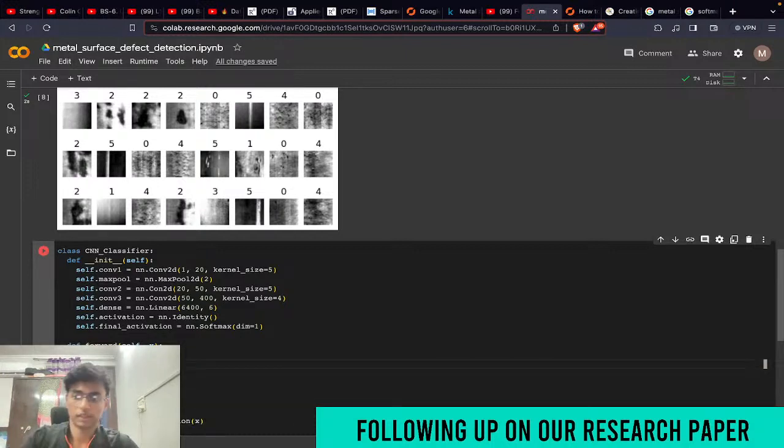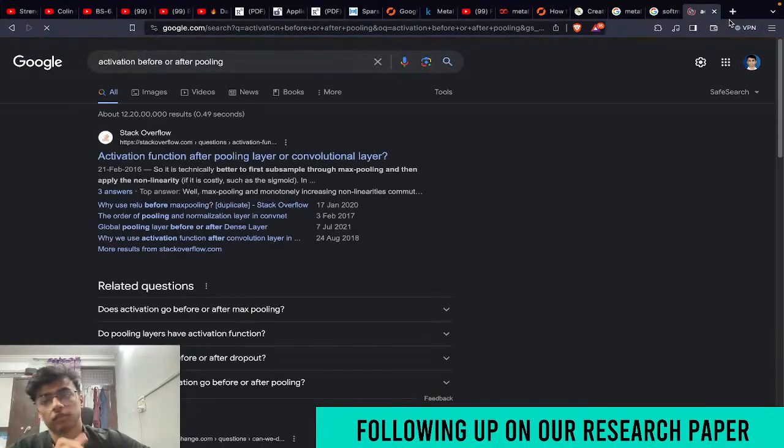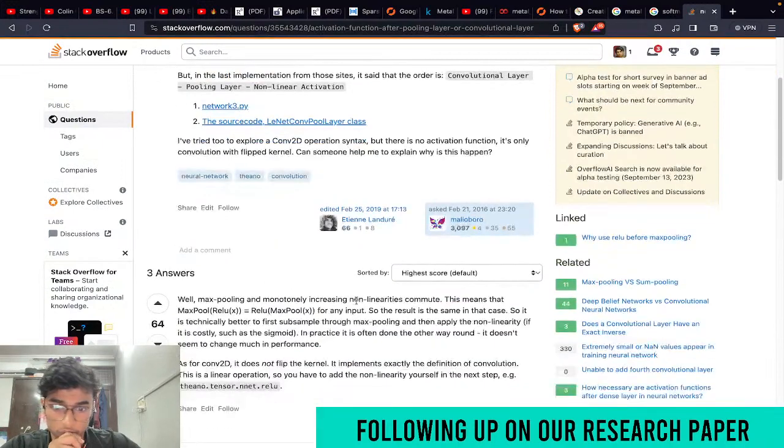Right. And let's add an activation in between all of this. So convolution layer, pooling layer, activation layer. That's how it goes, right? So after pooling.